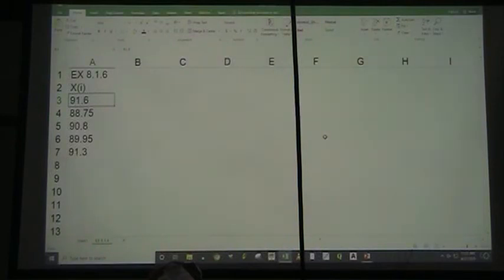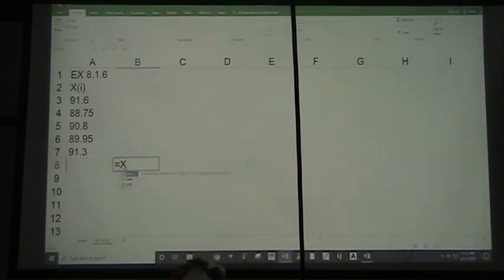One is I want to find our sample mean, or our X bar. So we're going to say equals X bar. You have to put a single quote in front of equals when you use that in Excel if you're not actually doing an equation.